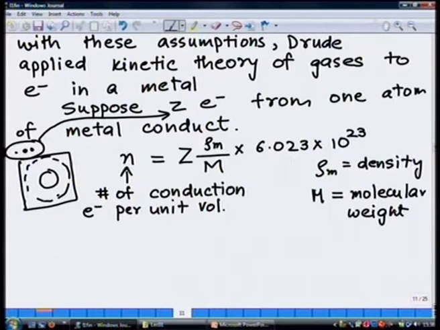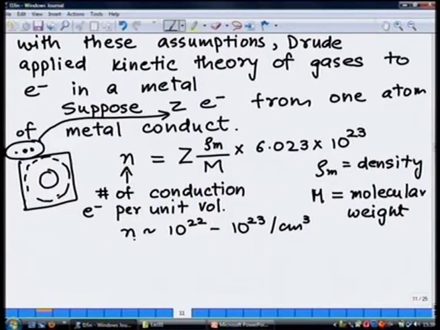So, this is the number of electrons that are going to conduct in case of Drude theory. These numbers you can plug in values. I will show one case eventually. So, n typically will vary between 10 to power 22 to 10 to power 23 per centimeter cube of metal. Therefore, this is the number of electrons that are there for conduction.